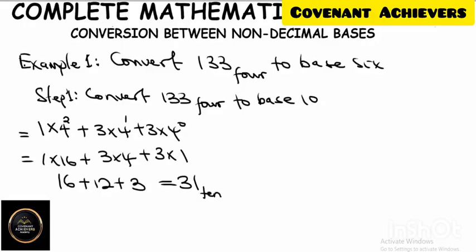So now we have converted from base 4 to base 10. Therefore 133 base 4 is equal to 31 base 10. So you can now convert the 31 base 10 to the required base, which is base 6.